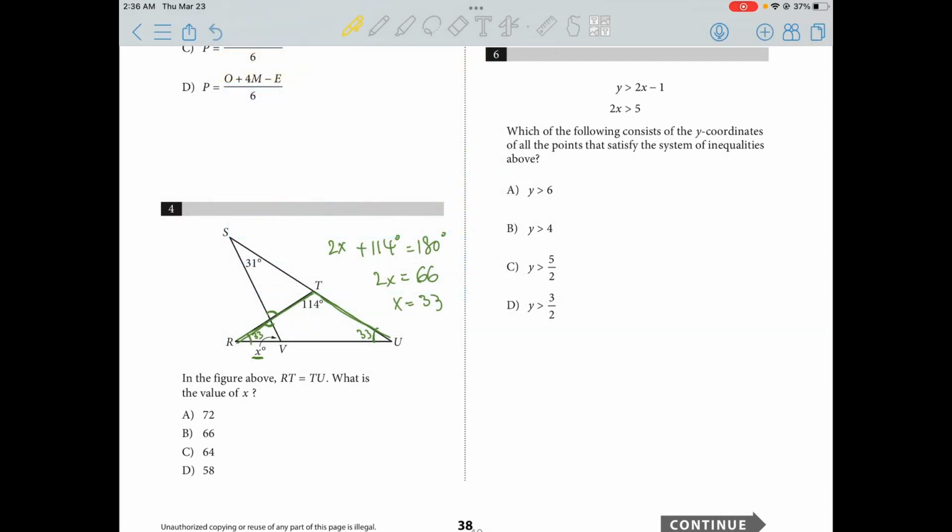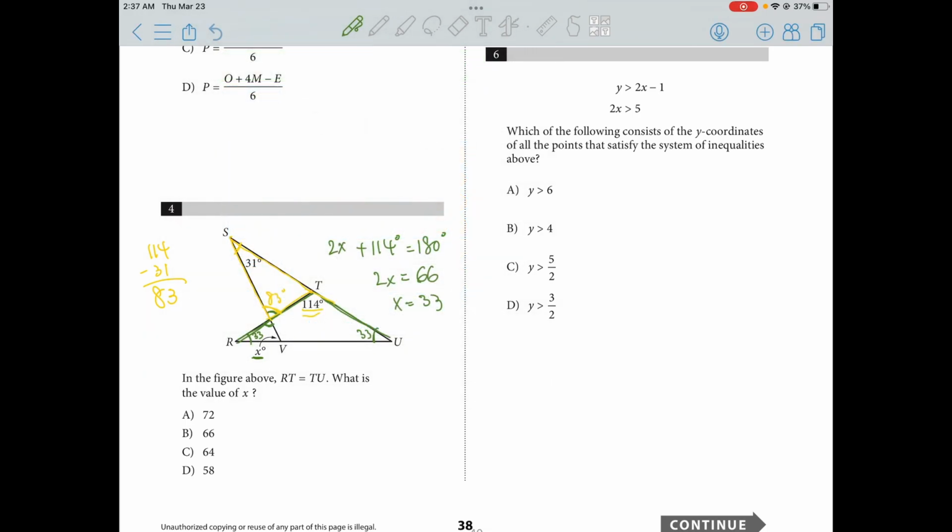Alright. We find that by using the exterior angle, 114. So basically, the two angles that are not adjacent to the exterior angle, which are these two, when they add up, they would equal 114. So we already have 114, and we know that's 31. So 114 minus 31. We know that's 83.